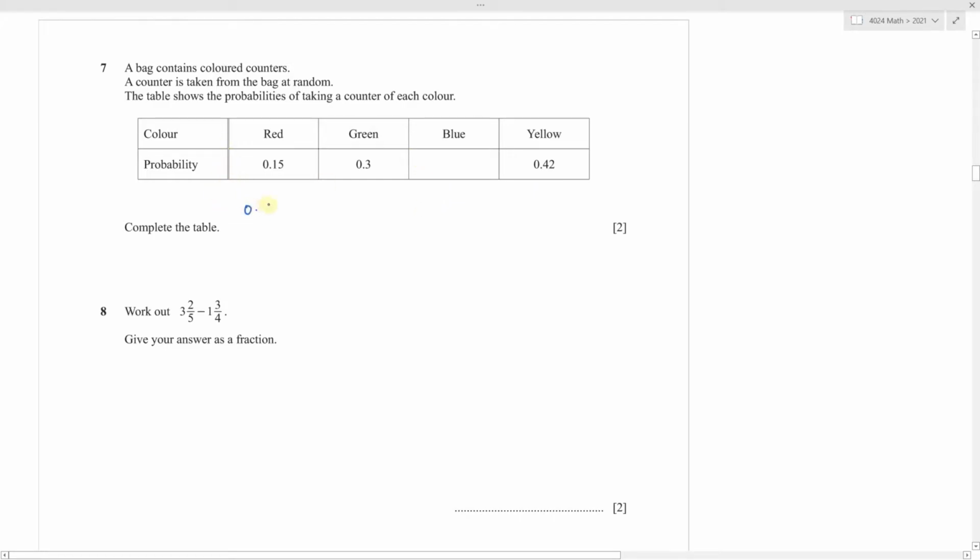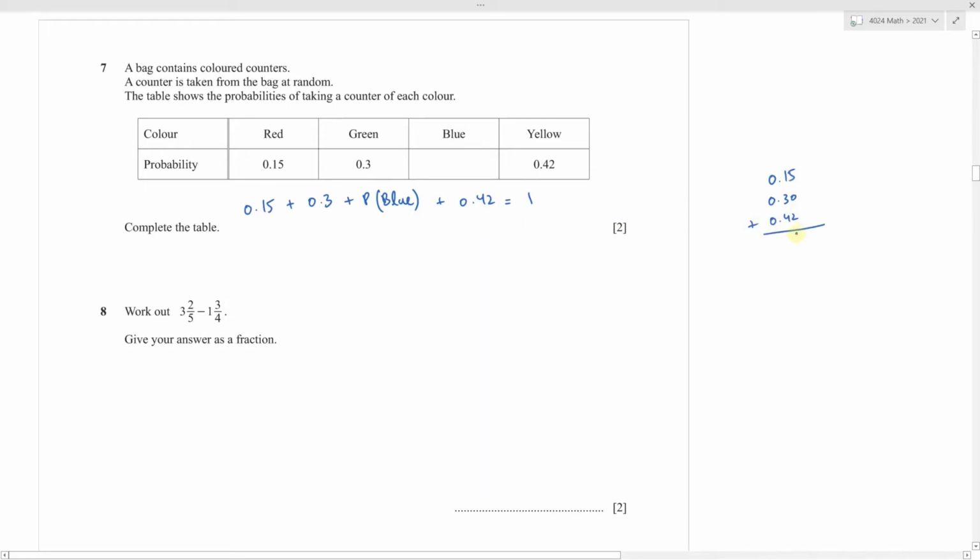So this will be 0.15 plus 0.3 plus, let's call this probability for blue, plus 0.42 should equal 1. So let's add all of these: 0.15, 0.30, and 0.42.